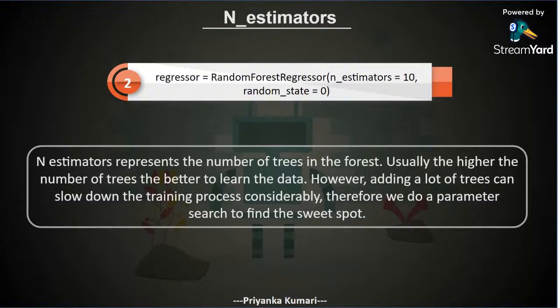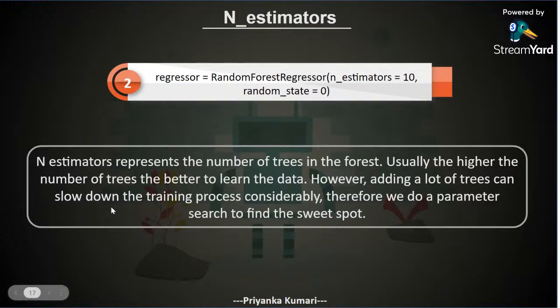Therefore we need a parameter search to find a sweet spot. From this, what we can understand is that the more trees our model uses, the more effective it would be. But if a large number of trees is used, like an excess number of trees, it can also make our model slower and slower.